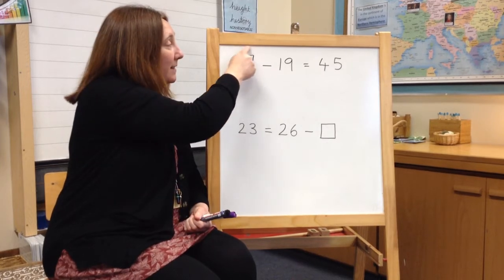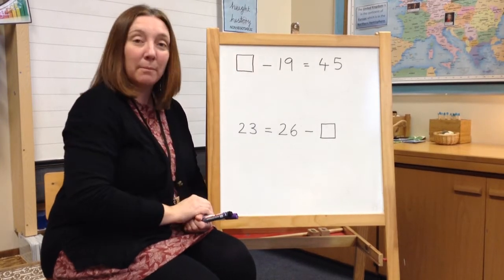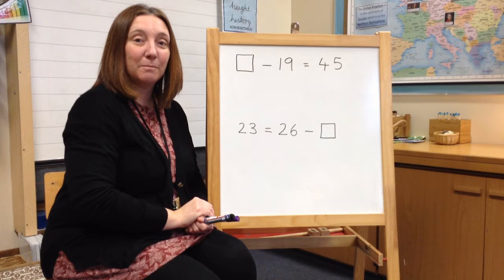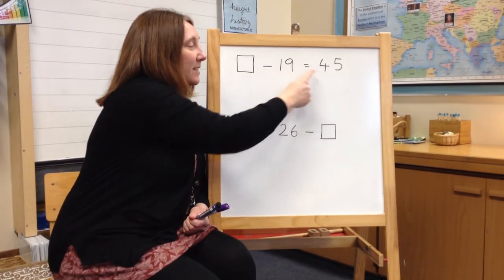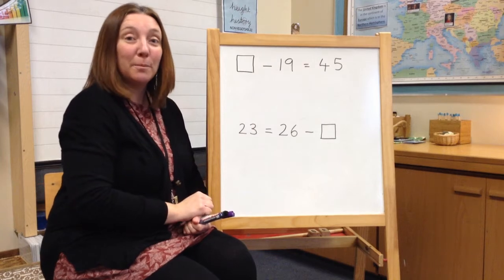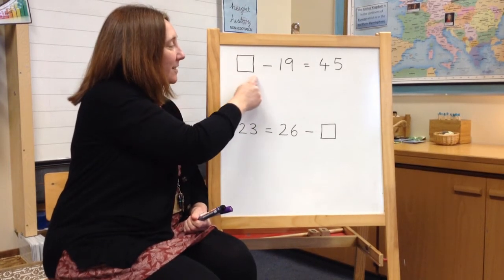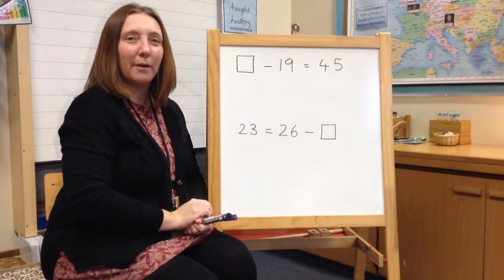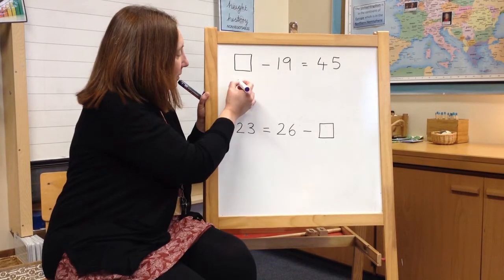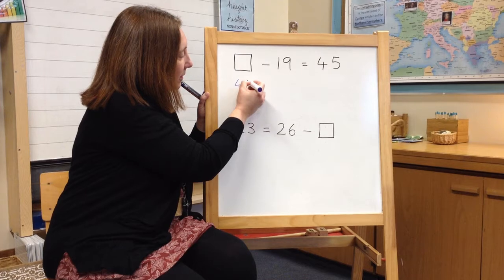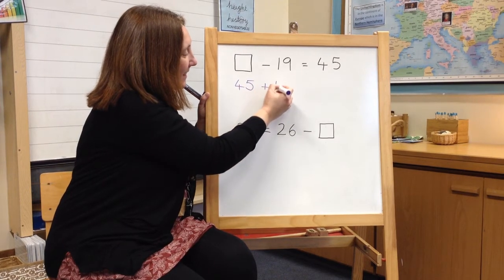We know it's the minuend, that is the number with the greatest value. So to be able to find that, we're going to need to add the two known numbers to be able to get us that greater number. So my addition calculation will be 45 add 19.